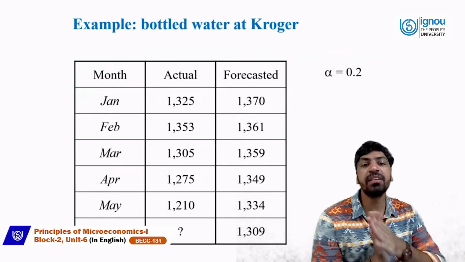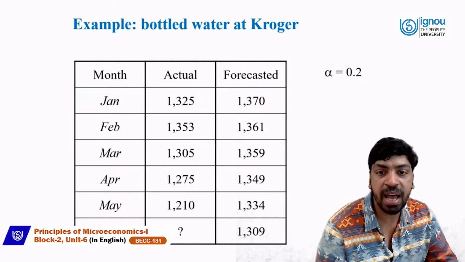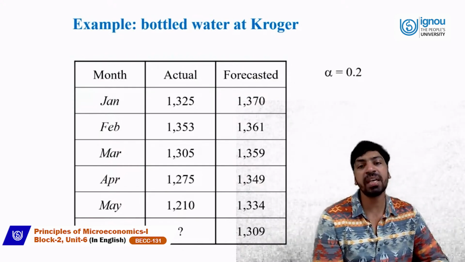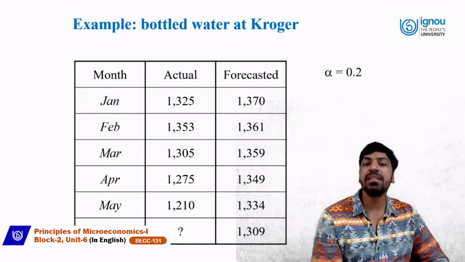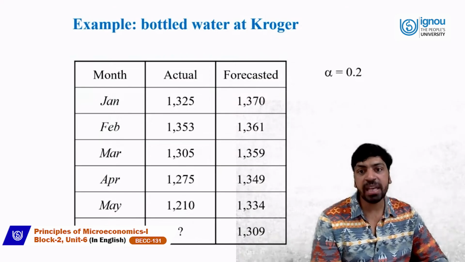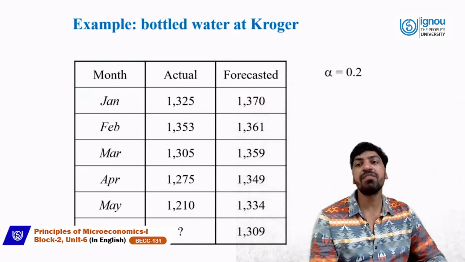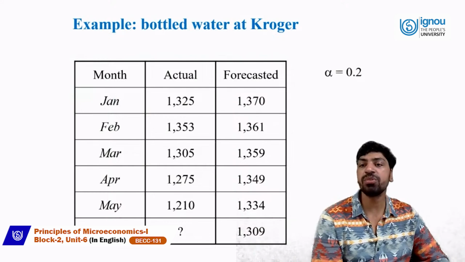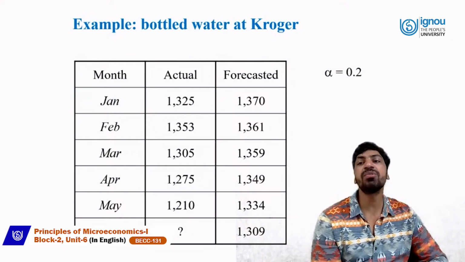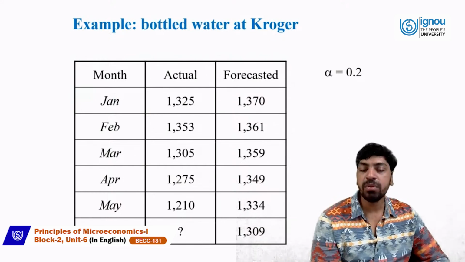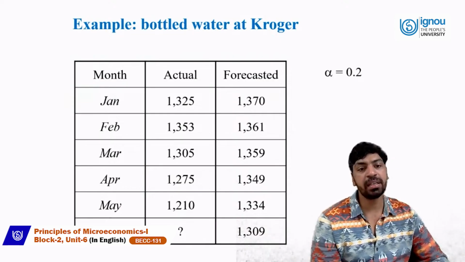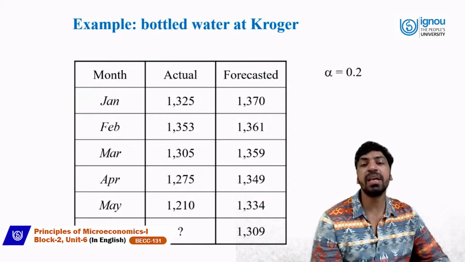So once you get the difference between 1325 and 1370, automatically the answer is minus 45. Just multiply 45 by alpha 0.2, and you will get 9. So the value estimated is 9.